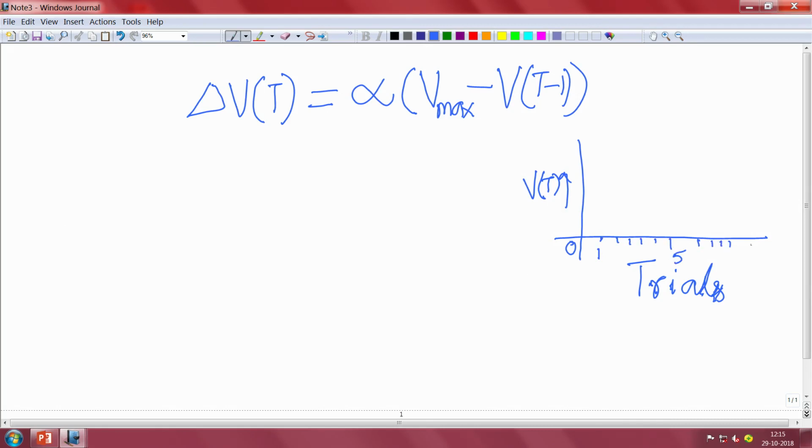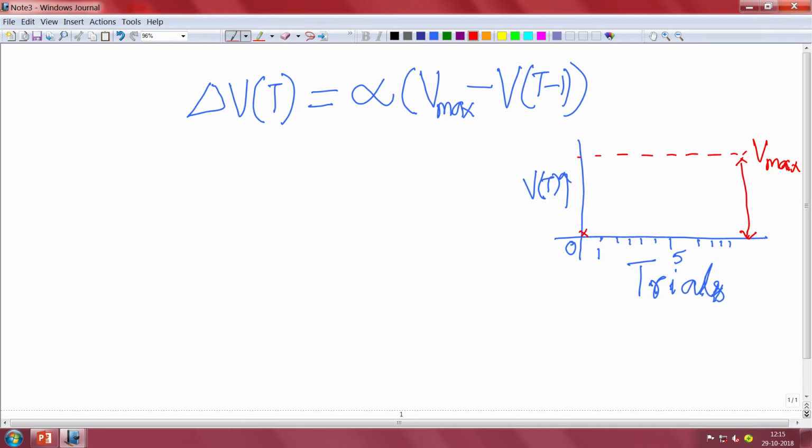If you see, given a CS and US combination, there is a fixed V max. Since that is fixed, even though the animal started out at this point, later on when it comes back, this whole element acts like a surprise, but not the entire surprise goes into the learning, only a fraction of that determined by the multiplier alpha, because alpha is a number between 0 and 1, a fraction.